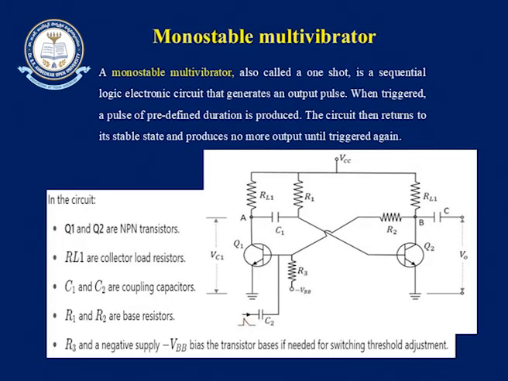Next, the monostable multivibrator. Here also two transistors are considered, Q1 as well as Q2, and coupling capacitors C1 and C2. Note that it is also called a one-shot sequential logic electronic circuit, which generates an output pulse whenever it is triggered, a pulse of predefined duration, and then it returns to its stable state.